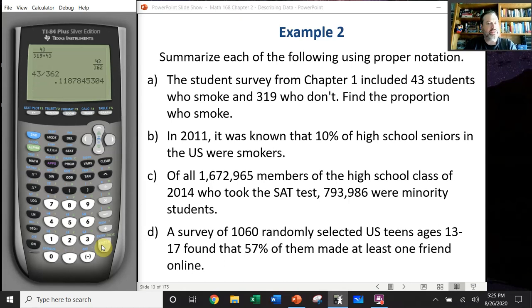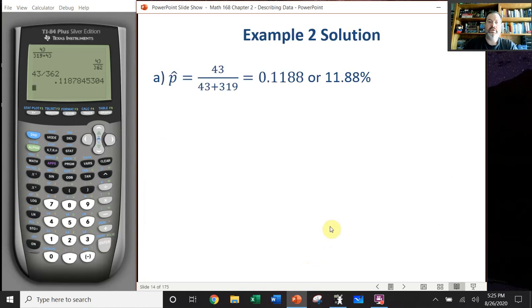On the homework, just follow the directions on the homework. If you have to round, round at the end, right? So that's what I did. 43 over 43 plus 319 is 0.1188, the proportion rounded to 4 decimal places, or 11.88%, the percentage rounded to 2 decimal places.